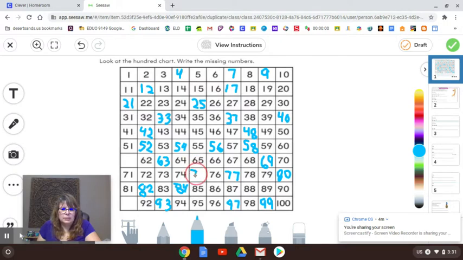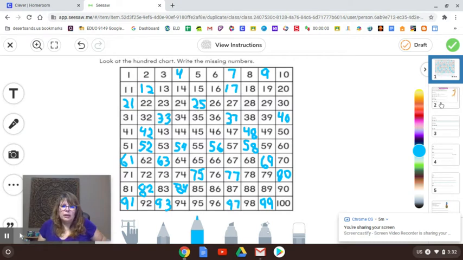That means this one is going to be 75. 51, 61, 71, 81, and 91. There we go. So we have our chart ready. We counted either by ones to fill it out, or by going down by tens. So now we're going to move to our practice.